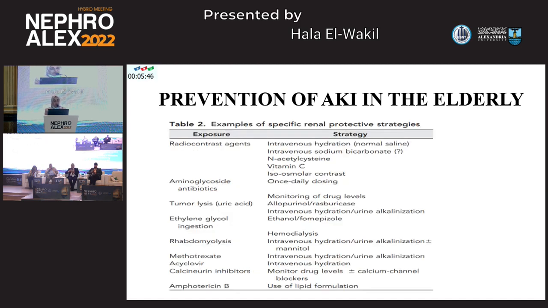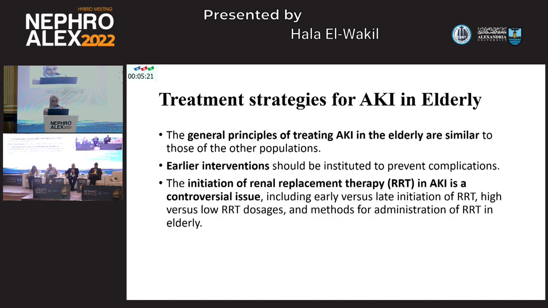Together with the specific renal protective strategy, for example, with radiocontrast agents, we have to prevent, as in the general population, by using a lower volume of isoosmolar contrast, good hydration of patients with normal saline, as well as other supportive measures like bicarbonate and N-acetylcysteine, which are debatable.